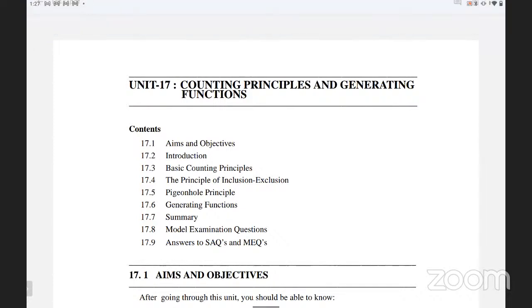Is it the same for all subjects, sir? Usually PG will be like that only, because the syllabus is less and it will be the same. The values may change, but the question will come from that particular area only. Mathematics means values may change.